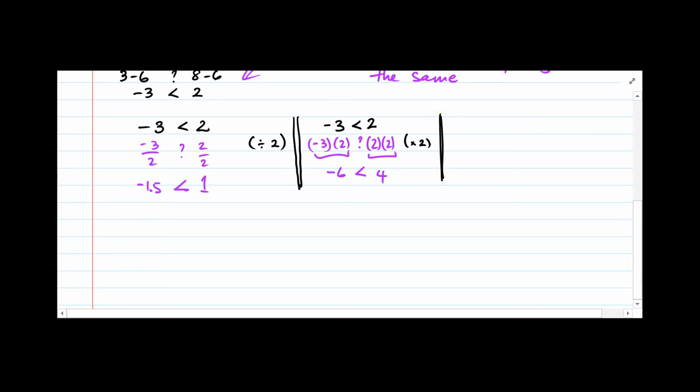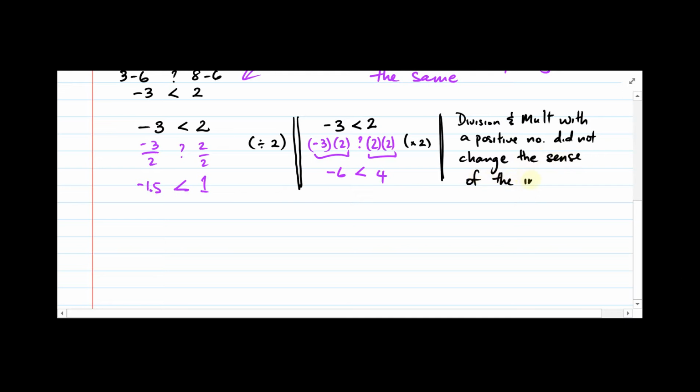Right? So division and multiplication with a positive number did not change the sense of the inequality. And I'm sure all of this is something that you have known already.